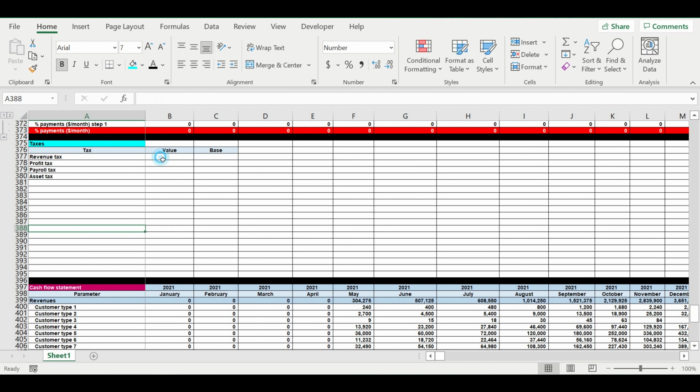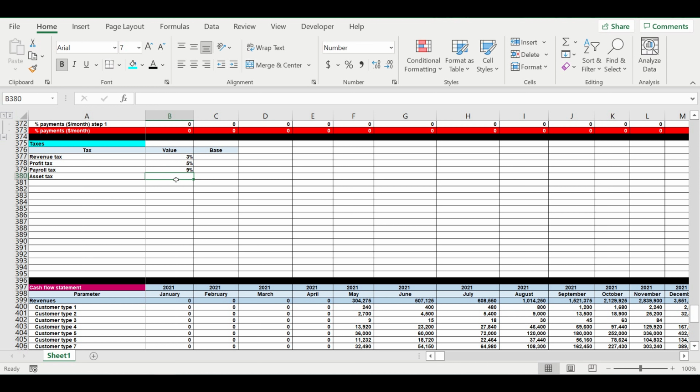For revenue tax we will have, for example, 3% from revenues, we'll have 5% from profit, and 9% from base payroll.